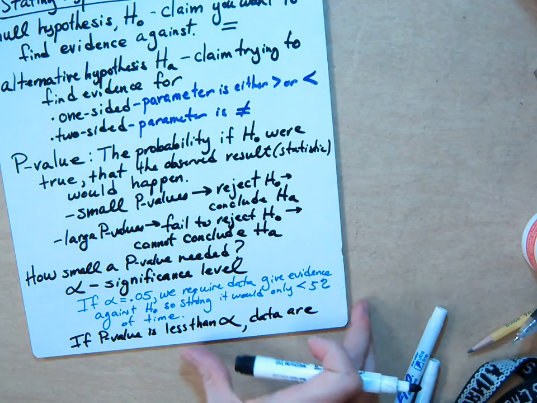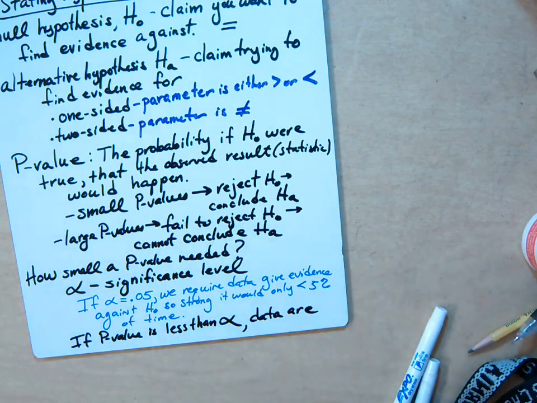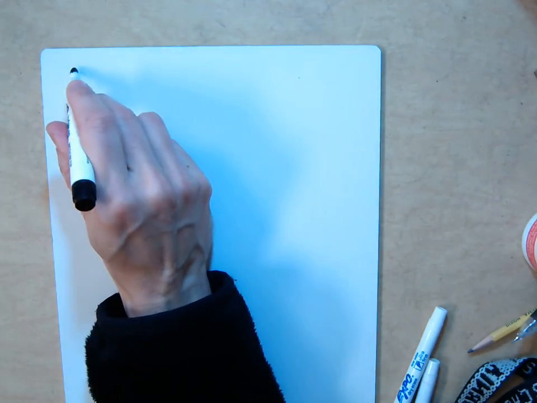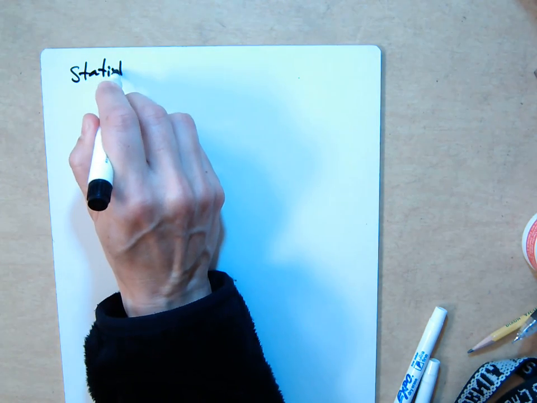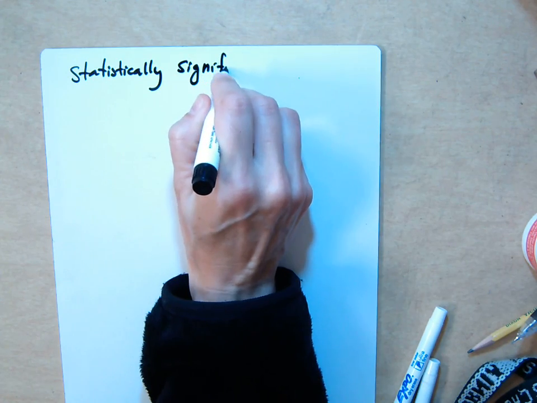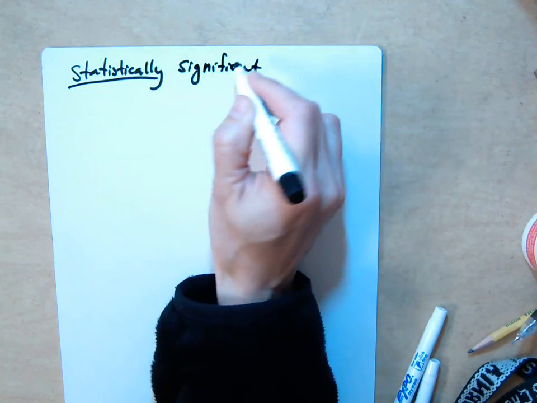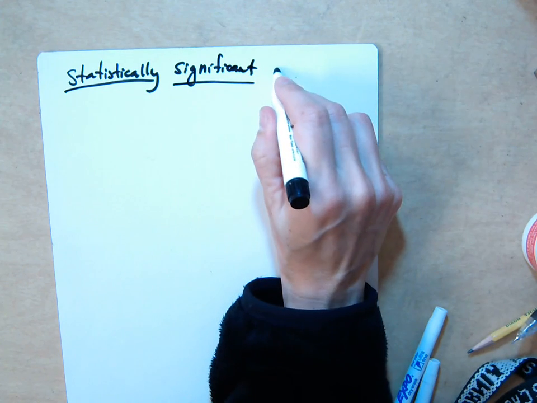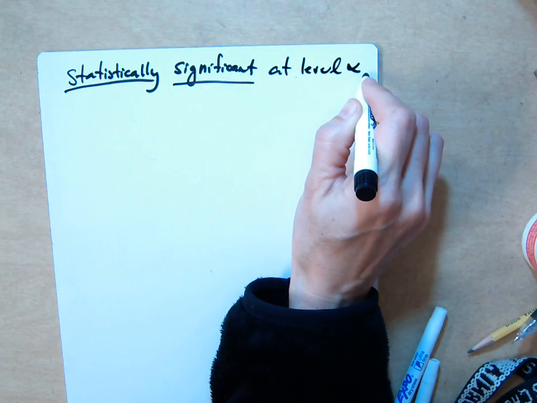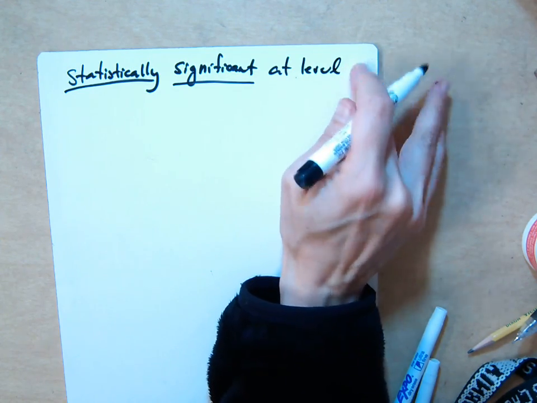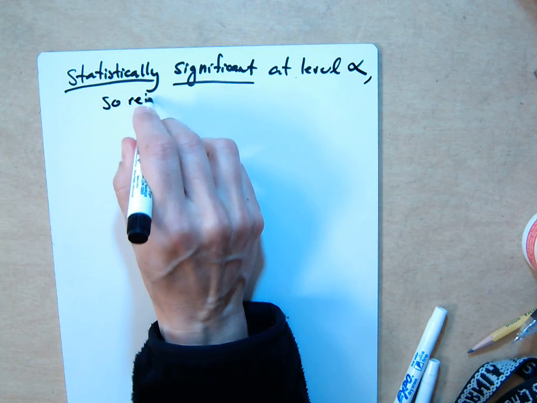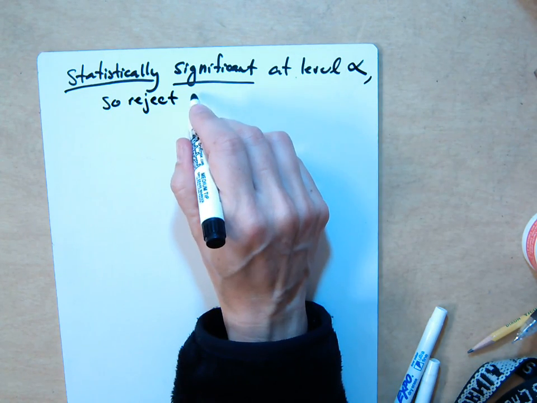Our data are, if the p-value is less than alpha, the data are what's called statistically significant at the level alpha. So we reject the null hypothesis. Reject H0.